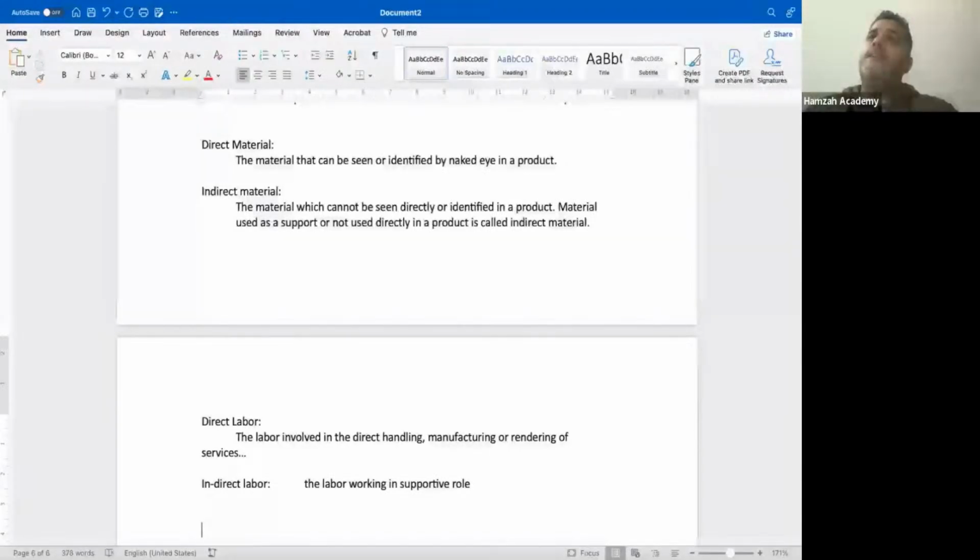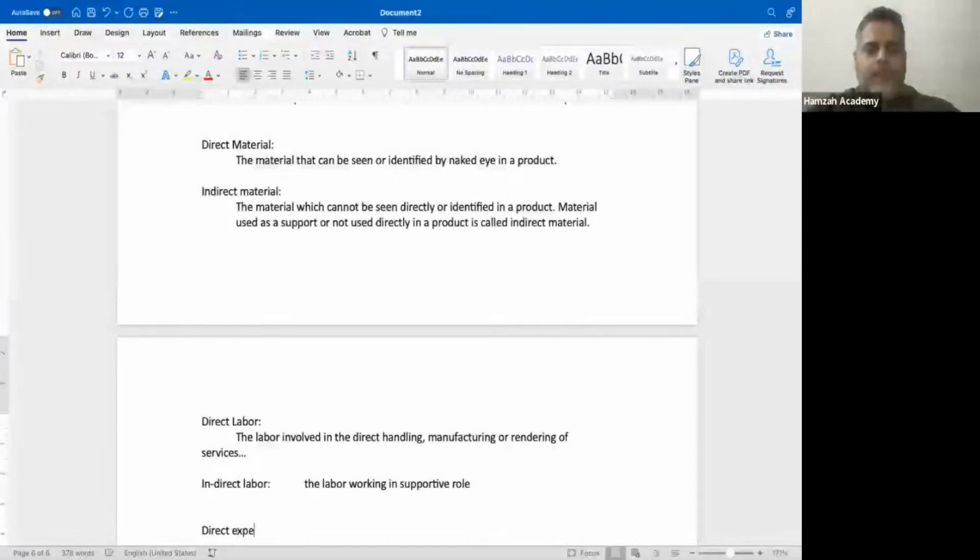Similarly, the labor responsible for cleaning and maintaining the machines are going to be indirect labor, because they are not involved in the production, they are involved in taking care of the machinery, right? So the direct labor is directly involved, indirect labor is at the back end, right?